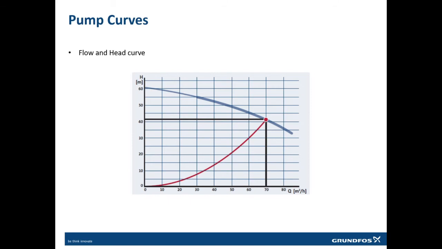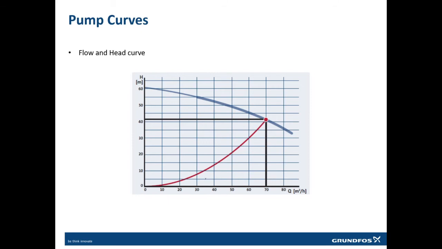Pump curve is the documentation of the pump: how this pump will behave if it is running at a certain speed. What are the characteristics of the pump? You can say it is the data sheet. In the data sheet of the pump, this is the vital information you will find. And in this course, I will explain how to read this curve and how to make your own curves.